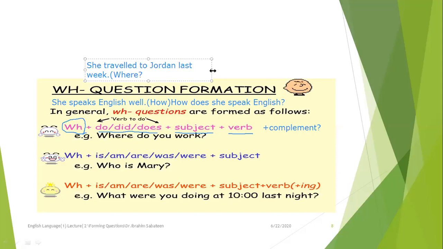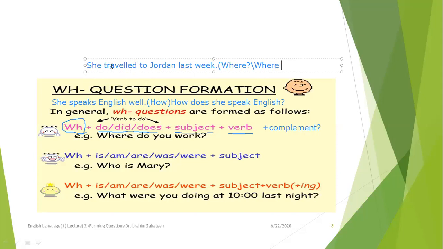طيب look، بدي أعمل أنا الآن WH question. What's the rule؟ Start with what؟ With WH word. where. Then I have to write what؟ an auxiliary verb. Look at this sentence. Do you have an auxiliary verb؟ No. Like is, are, was, can، ما عندي.